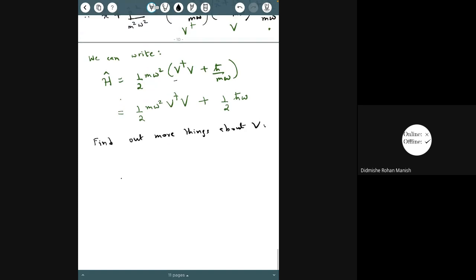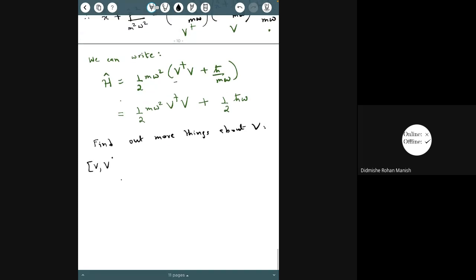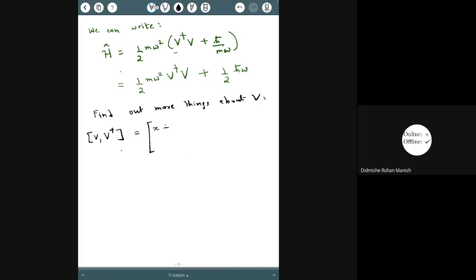The first thing is the commutator, which is very useful in quantum mechanics. So you have x plus i p by m omega. I am omitting the hats sometimes, so that's nothing to be confused about. I'm just being a little lazy because I hate putting hats all the time. Here it's obvious we're only talking about operators, so everything has hats.